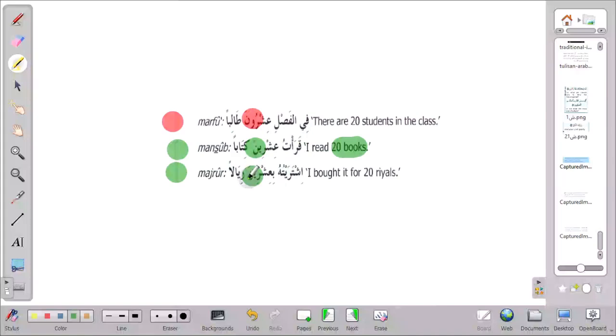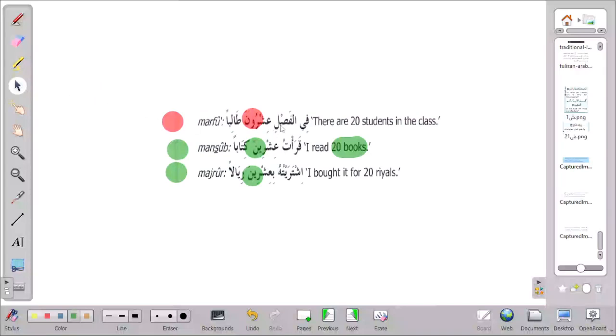The same way with the last example, ishtaraytuhu bi ishirina. You see there is a B there, that is a harf jar. And of course, when a harf jar comes, the thing following it is majrur. So bi ishirina, not uruna. I hope that is clear. So they have the same i'rab, the adadul uqud.